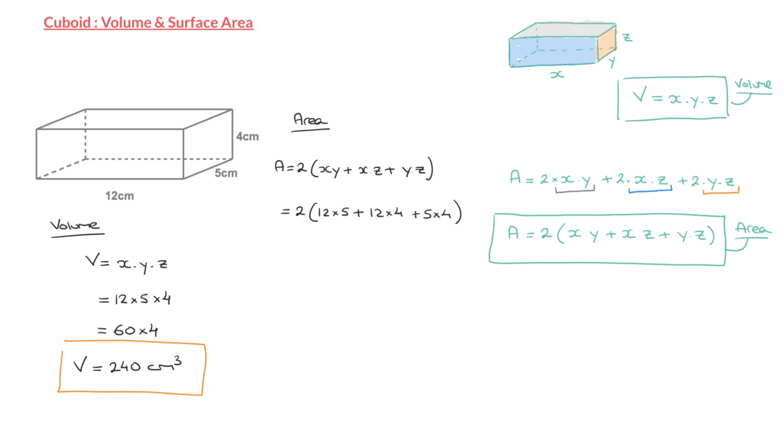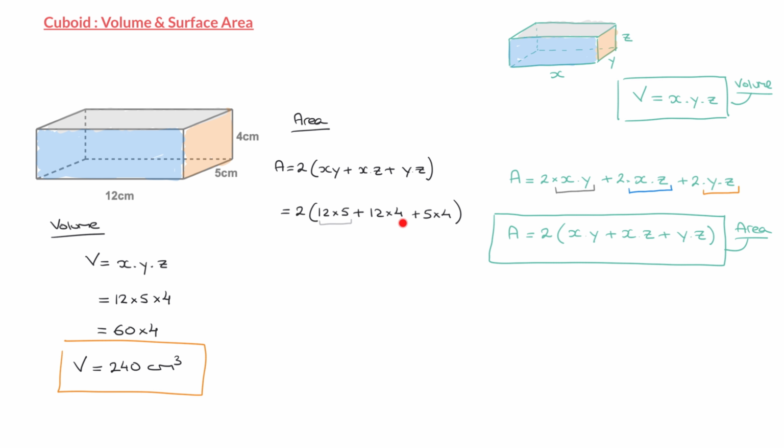And in fact, to make things super clear, I'll even color the rectangles that we have here just as I did on our generic cuboid on the right-hand side, just so I can make it clear which area is which. Okay, so the 12 times 5 we have here corresponds to the area of the rectangle at the base and also at the top of our cuboid. So I'll underline that one in gray.